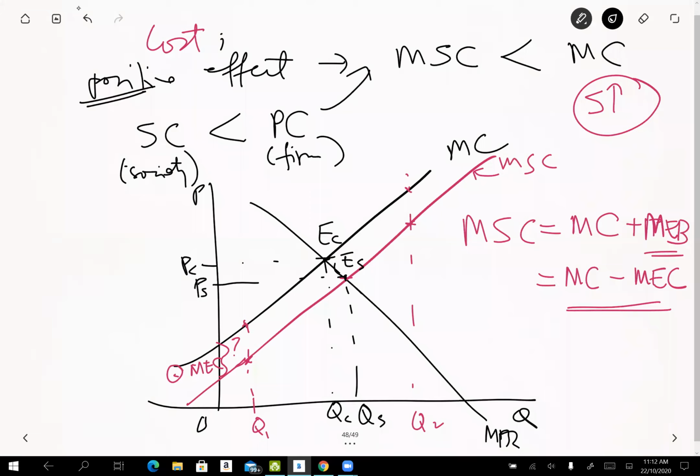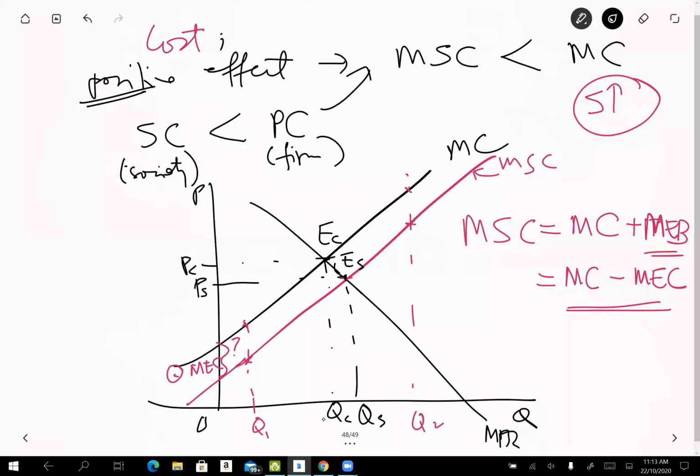We'll do the comparative statics again. You first look at the competitive equilibrium. What is the condition? Then you get Q equal to QC, P equal to PC. And then for the social equilibrium, what is the condition? Then you get QS, you get PS.